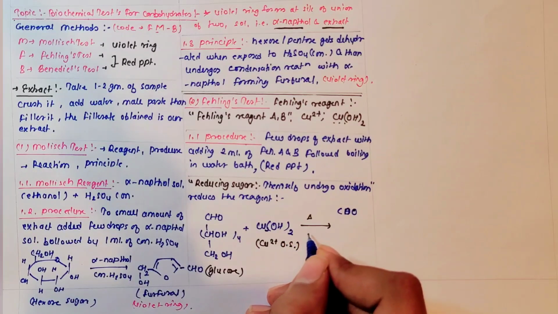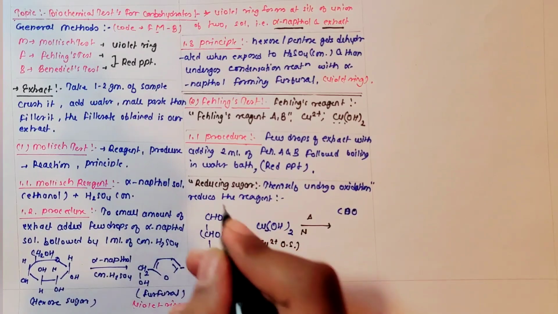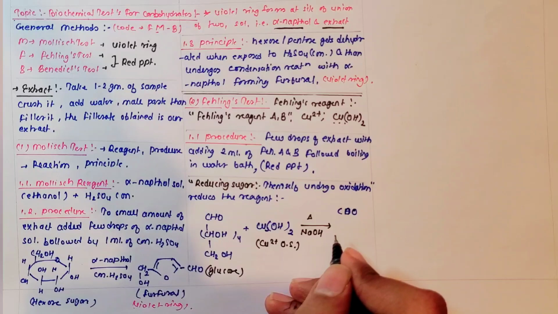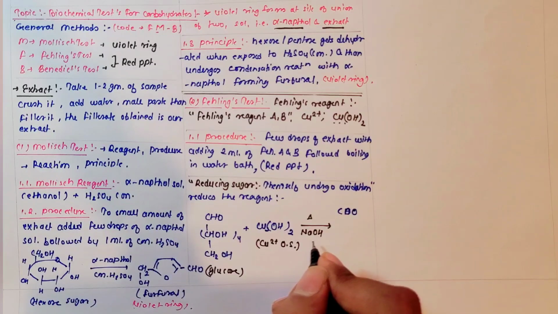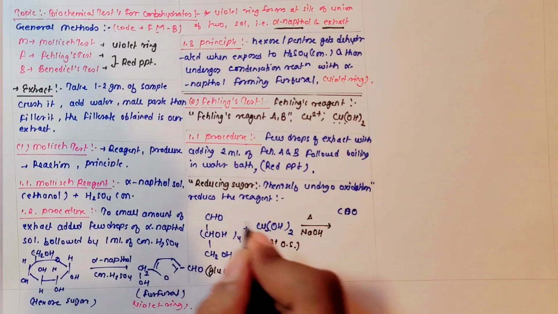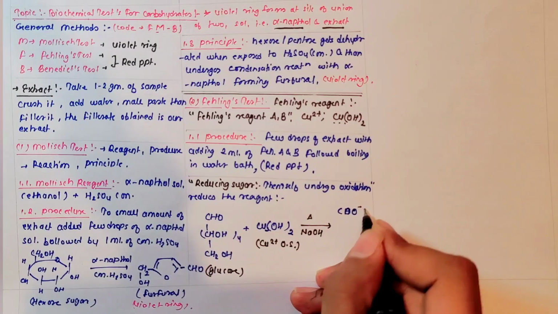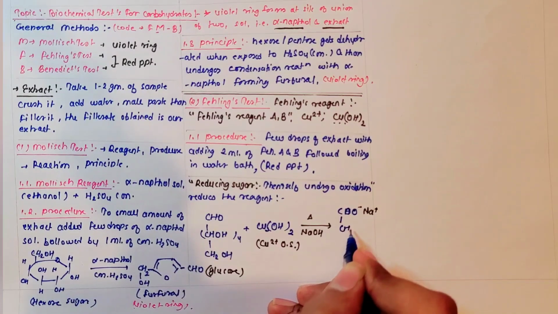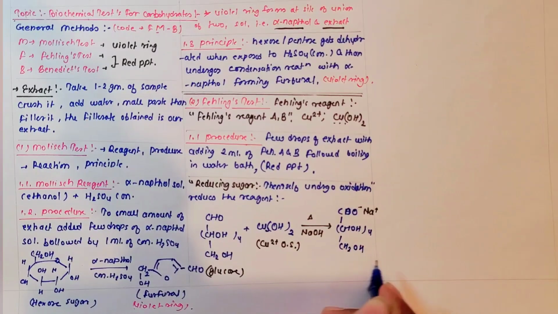One more thing here, we need an alkaline medium, because the Fehling's test and Benedict's test are both similar, the only difference is the presence of alkaline medium. So we have to introduce an alkaline medium using NaOH. Now this Na+ will be attached here, and the rest will be the same, CH2OH.